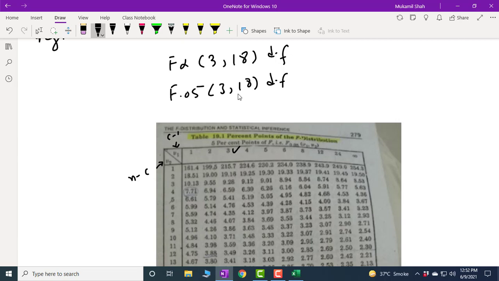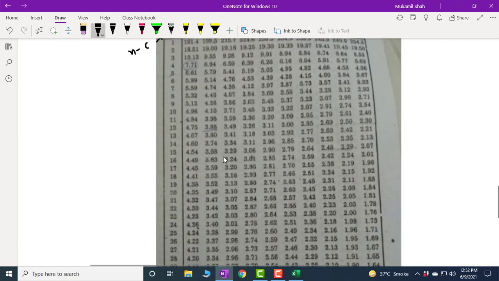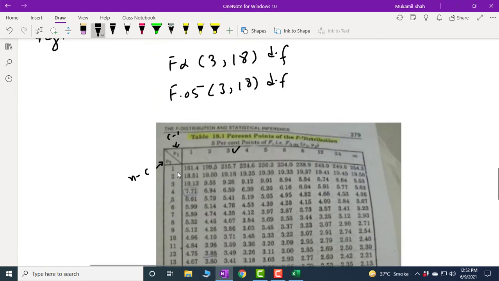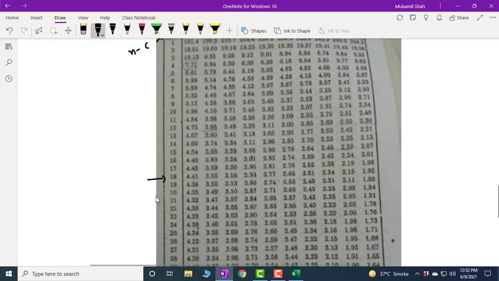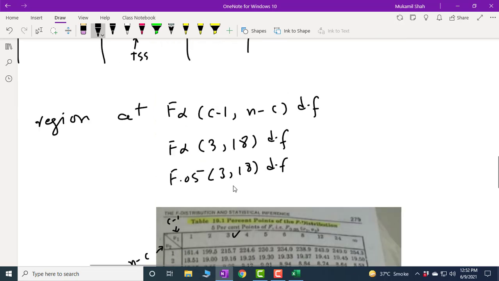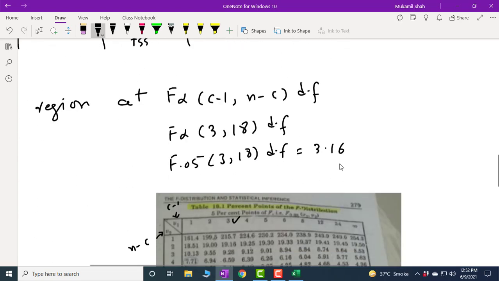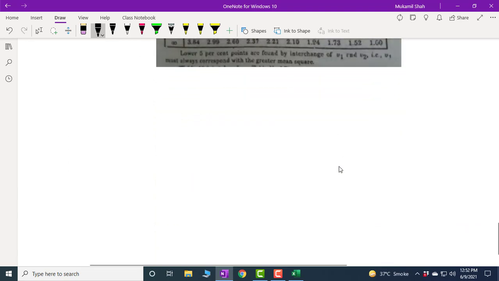And n minus c is equal to 18, 18 should be taken from the column. Okay. So this is 3 and this is 18 and the respective value is equal to 3.16. So this is the table value, 3.16. Alright.